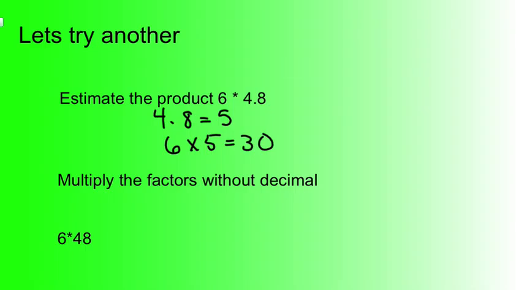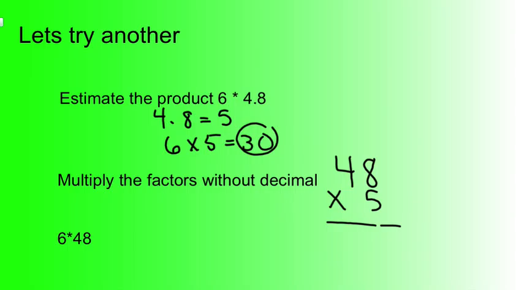So now we will multiply the two factors, 6 times 48, without a decimal, and we'll try just a traditional way of multiplication here. So we'll go 48 times 5. I did not use the decimal. We're going to add the decimal in at the end based on our estimation, which is right here at 30.